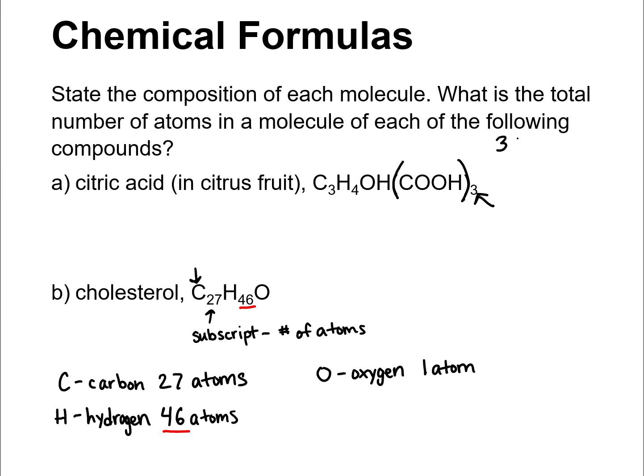If I had 3 times x plus 5, you have to distribute that 3 to everything. Same way with this 3 and the COOH. I have to multiply the C times 3. I have OO times 3. I have hydrogen times 3.